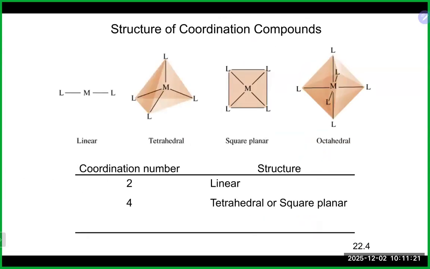These often correspond to our coordination number, how many ligands are attached. So 2 is going to be linear. 4 could usually be either tetrahedral or square planar. And 6 can be our octahedral geometry. Again, this would be more like an octet rule, and this is again more like the expanded octet.